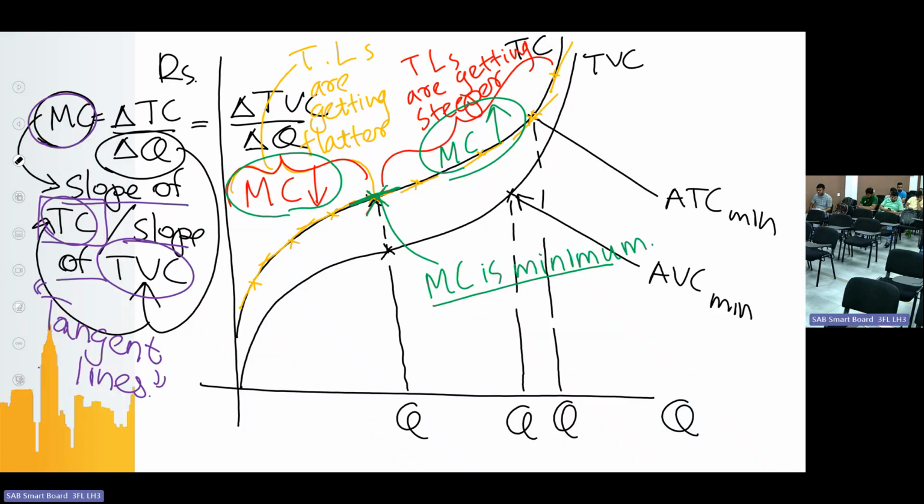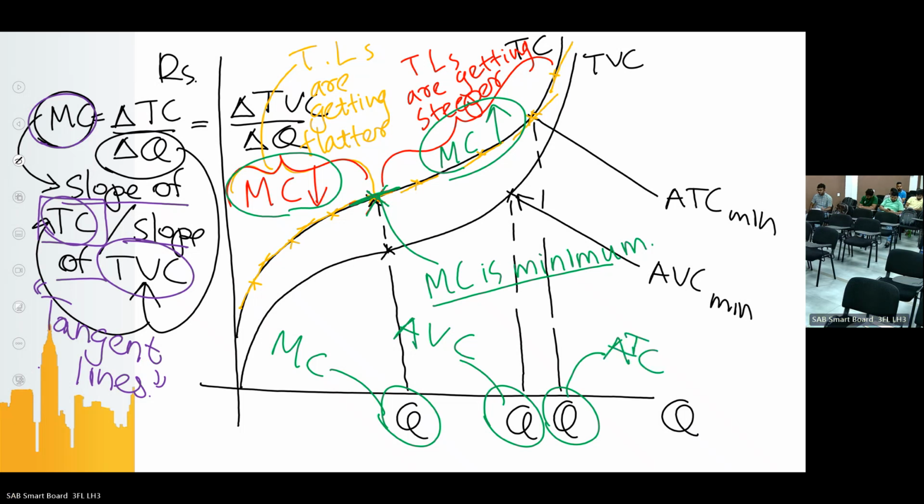This is the point where MC is minimum. This is the point where ABC is minimum. This is the point where ATC is minimum. So they lie in this order. The minimum point of MC comes first, the minimum point of ABC comes next, and the minimum point of ATC comes afterward.